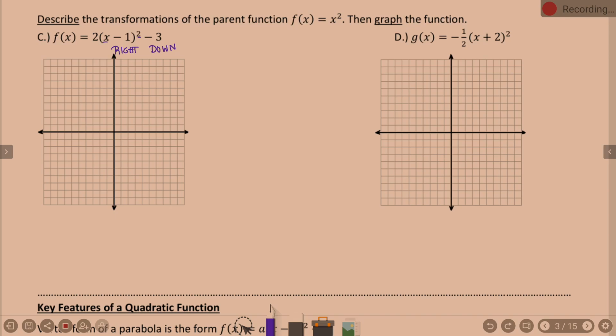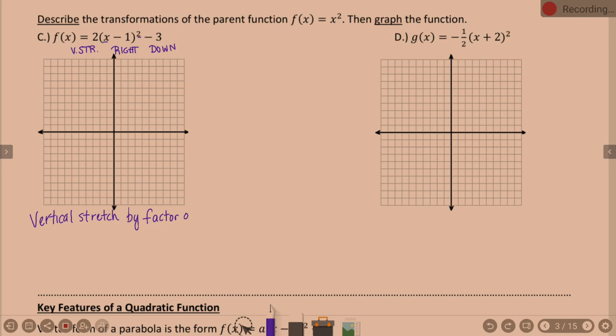Now do me a favor. Do tell me it's a vertical stretch, not just a stretch. Okay. So I'm going to write this out, that it is a vertical stretch. And do also tell me the factor. Vertical stretch by factor of 2.